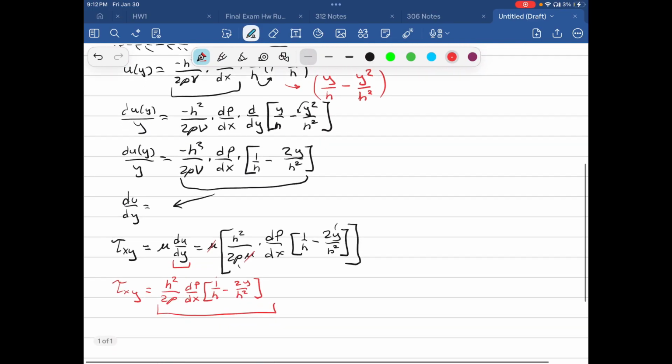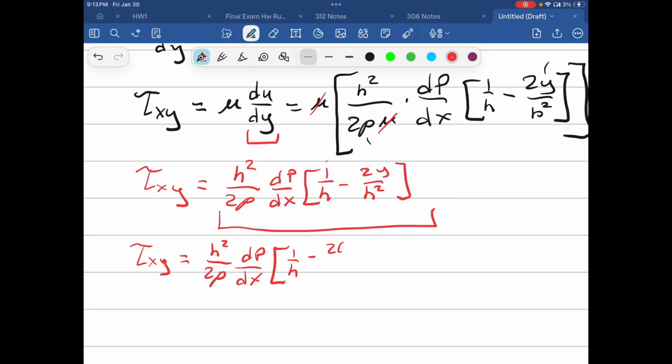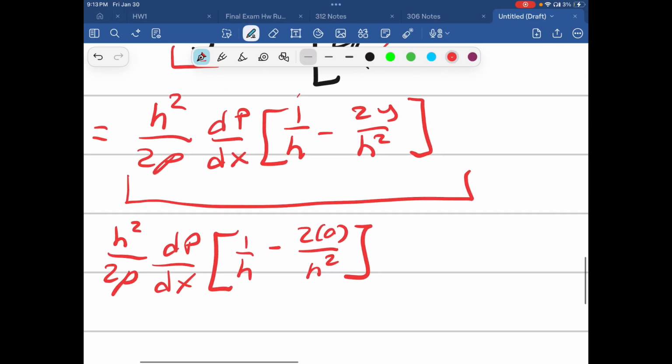So what we're going to do is plug in y equals 0. We're putting it at the wall. And then we have 2 rho dp dx times 1 over h minus 2 times 0 over h squared.